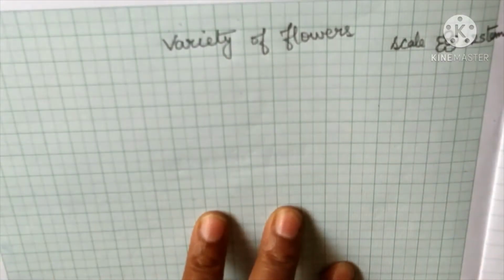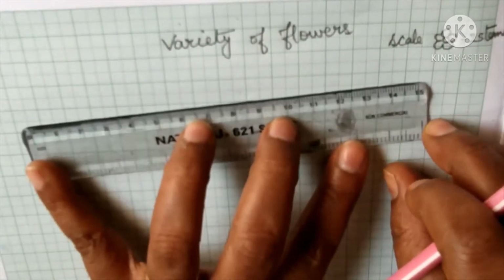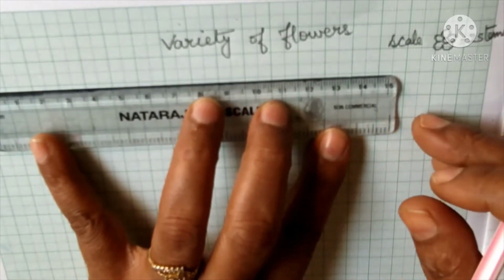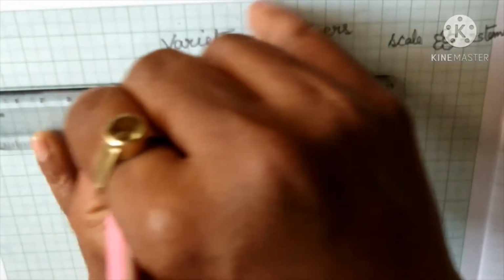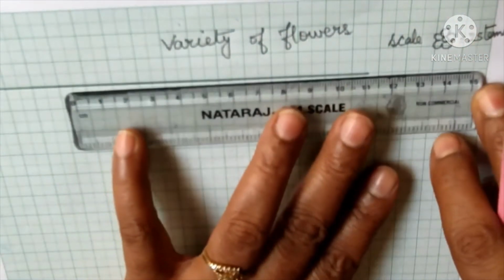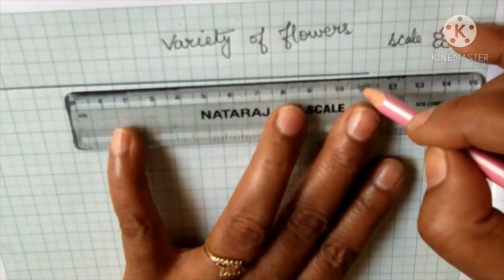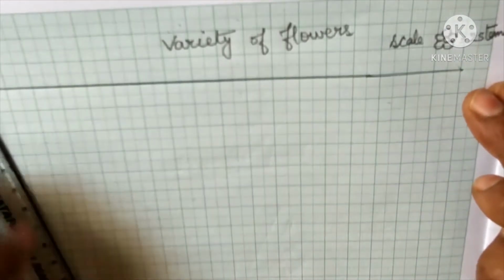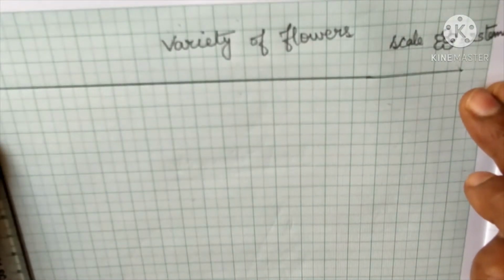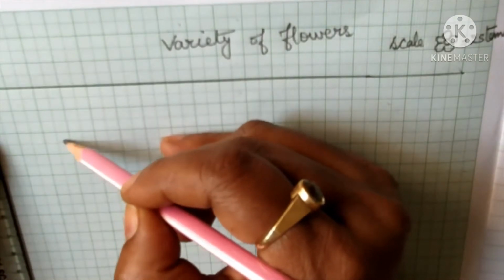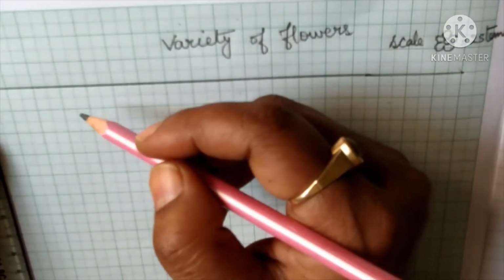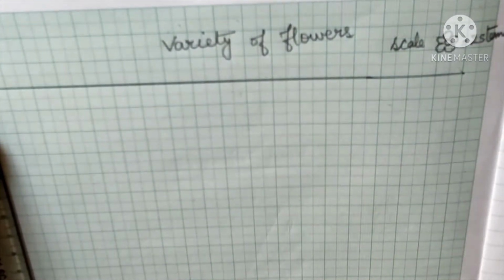Clear? Now we will make a table. We have to count how many things are there. So there are 4 things and 1 heading.